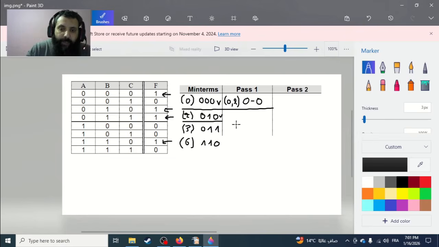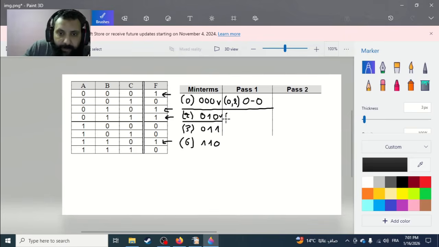Okay, let's continue. Let's now compare this group with this group, and create the second group. This is the creation of the second group in pass 1. You compare this one with this one, the 2 with the 3. And we can see that we have this variable that should be eliminated.